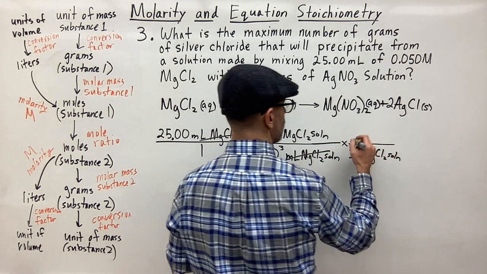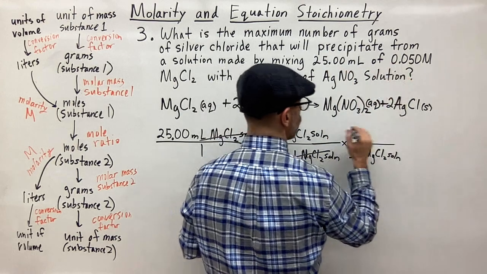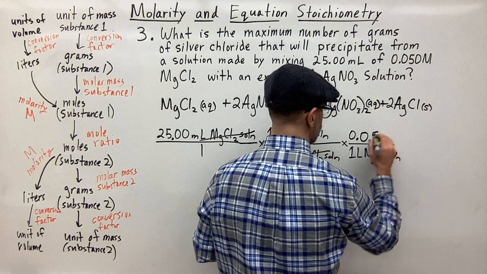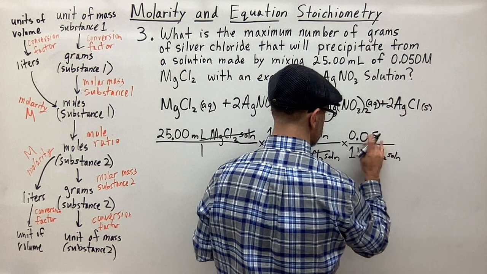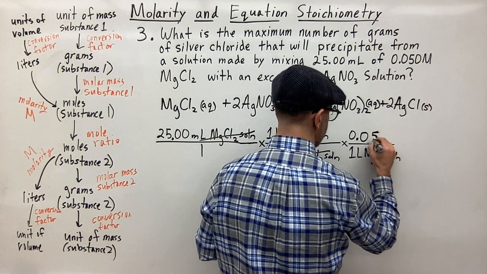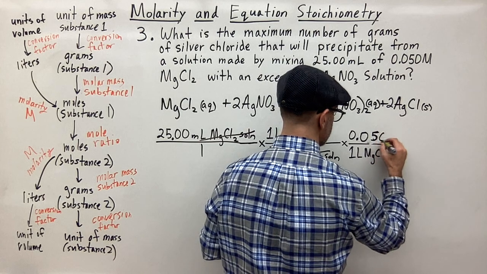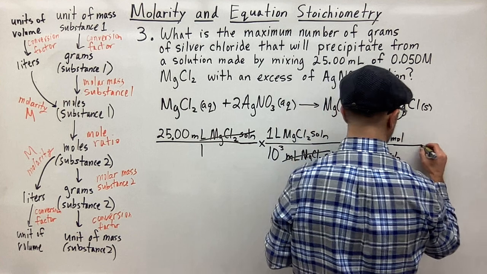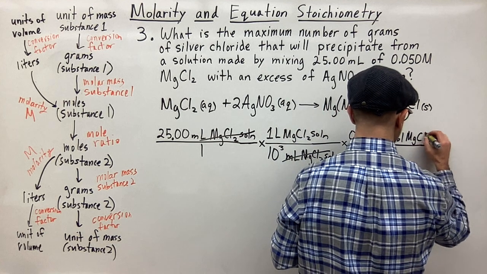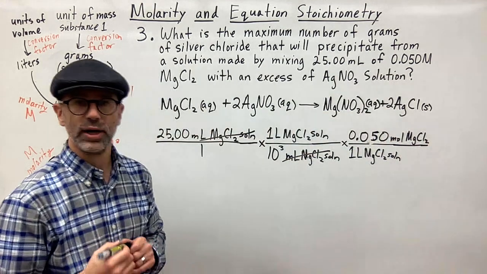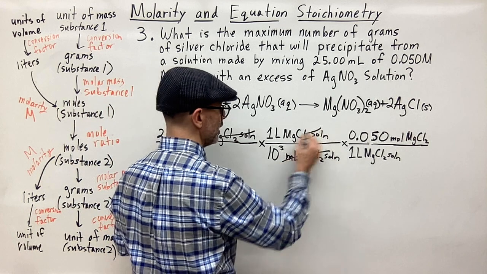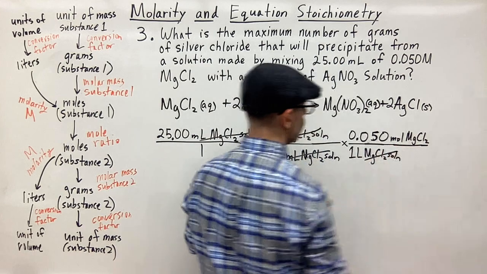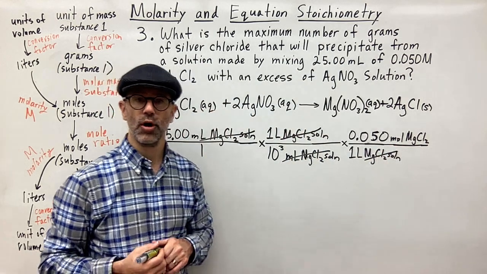And then on top, I'm going to have the 0.050, and that's going to be moles of the MgCl2. Okay, so now the liters of the solution cancel out. Now I have moles of magnesium chloride on top.